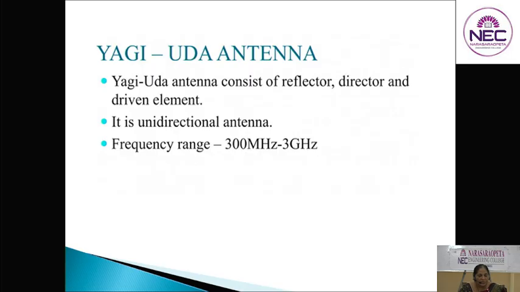The main difference between resonant and non-resonant antenna is that in non-resonant antenna, the directional pattern is unidirectional. In resonant antenna, the radiation pattern is bidirectional, and the operating frequency is varied in resonant antenna, but is fixed in non-resonant antenna.